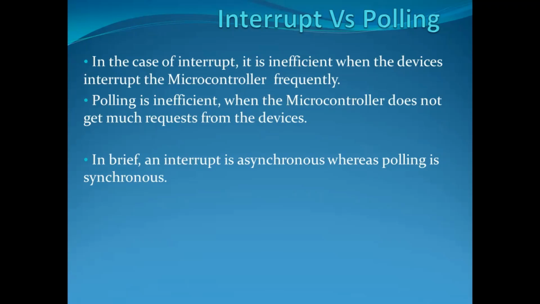In contrast, polling is inefficient when the microcontroller does not get such a request from a device. A microcontroller in polling mode periodically checks whether there is any request from any device. So this will waste a substantial amount of CPU cycles if a device does not have any request.